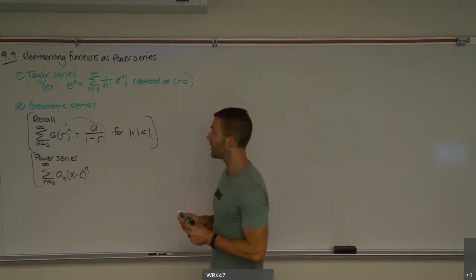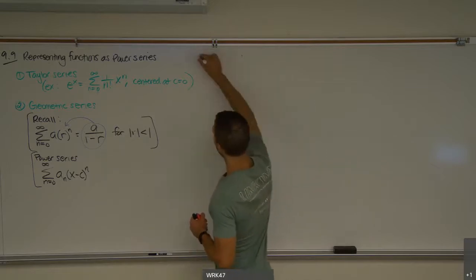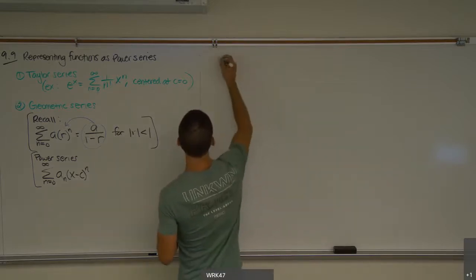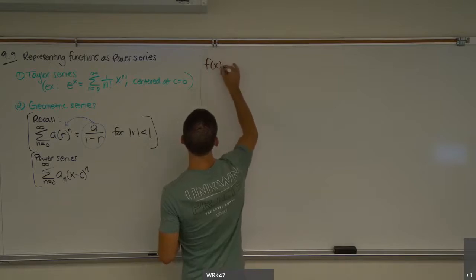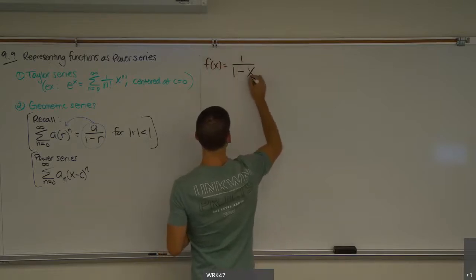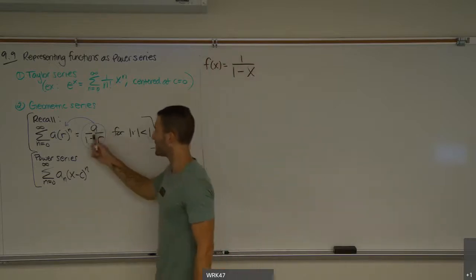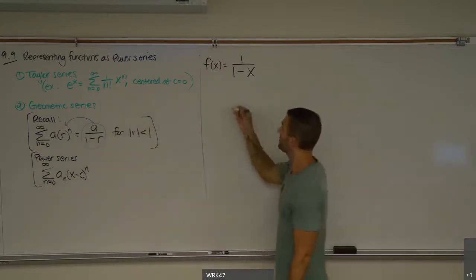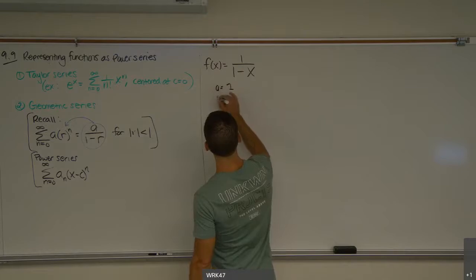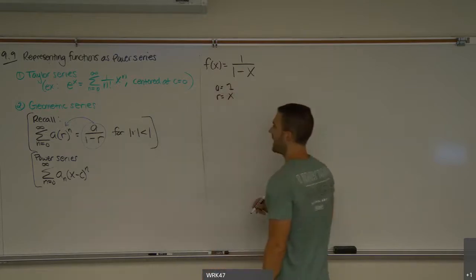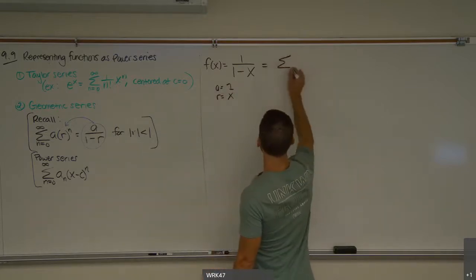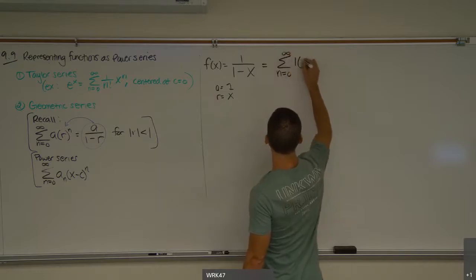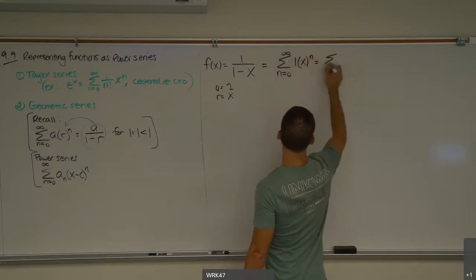And so let's look at a very simple example, and let's look at f of x equals 1 over 1 minus x. Wait a minute, that's very explicit. That looks almost exactly like this, where a is 1 and r is x. And so this can be straight written down as a series from 0 to infinity of a r to the n, so just x to the n.